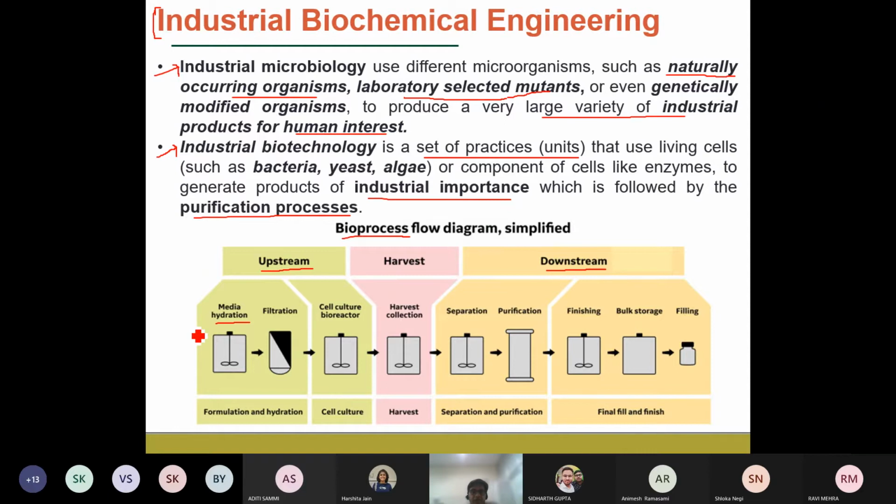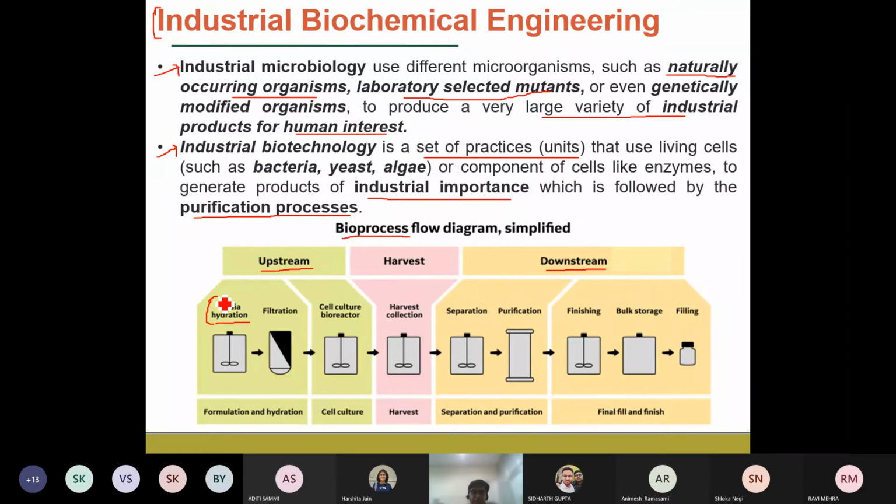Then there are some micro elements. Carbon, nitrogen, and oxygen are the major elements that are generally required by the microorganism, and we will see the classification of macro and micro elements. Then there are some other elements.